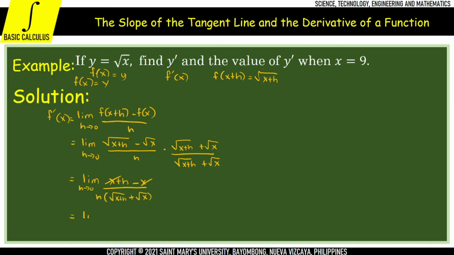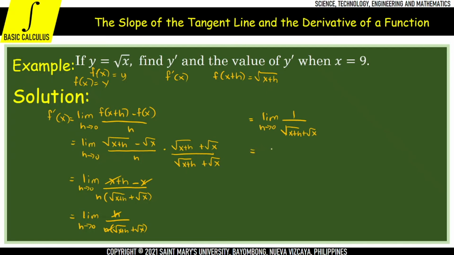Next, we can now simplify the numerator. Cancel. So we have the limit of h all over h multiplied by square root of x plus h plus square root of x as h approaches 0. Next, cancel h. So we're left with the limit of 1 all over square root of x plus h plus square root of x as h approaches 0.